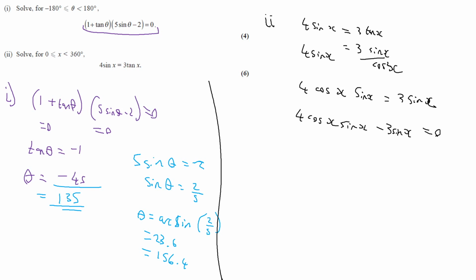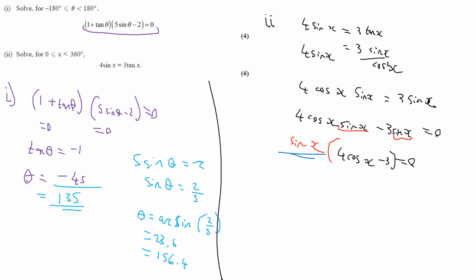Now what we can do is factorize sine x out of each of them. So we can take sine x out of the brackets, and in the brackets will be 4 cos x minus 3 is equal to 0. And that way, we won't eliminate a value here, which we may have done had, let's say, we cancelled out the sine x's. But we didn't do that because we're smart people and we don't want to eliminate values.